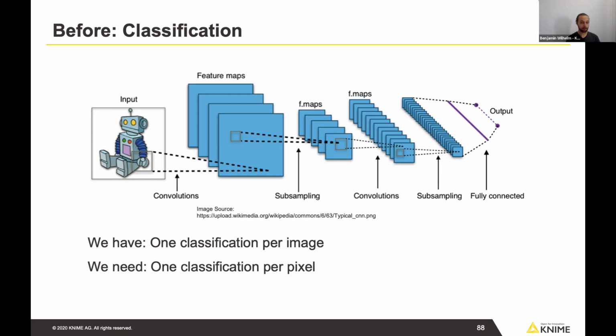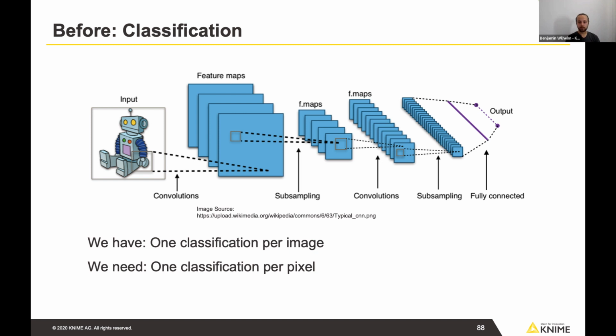Remember, before we did classification, for classification we used a network like this. So we did some convolutions to compute some features, and then we used subsampling to reduce the resolution of our feature maps, and then we increased our number of features by using more convolutions.